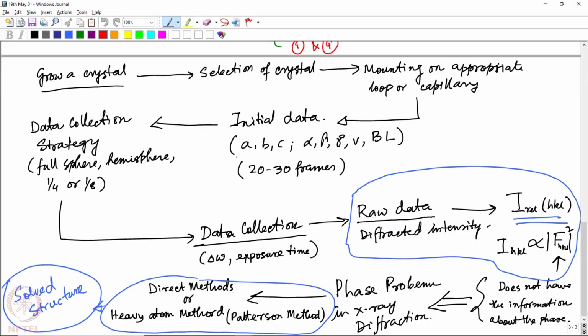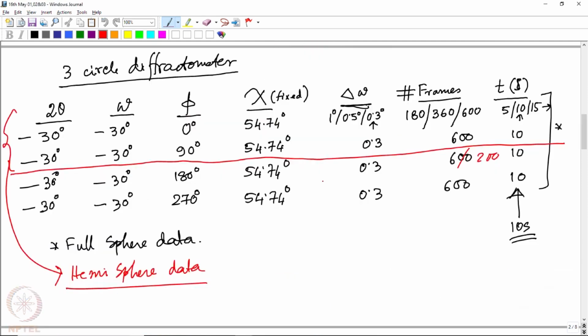You might remember that while doing a data collection, we needed to do some initial screening, which gives you the values for a, b, c and alpha, beta, gamma, and from there one can also identify the Bravais lattices from about 20 to 30 frames, which depend on different diffractometers and their geometries. And from that we can use different data collection strategies.